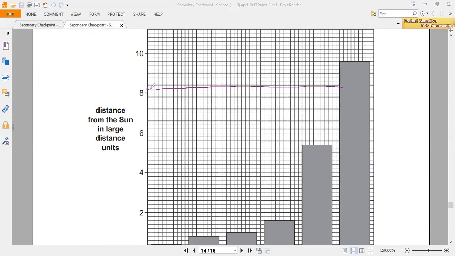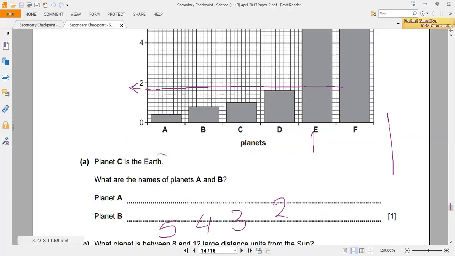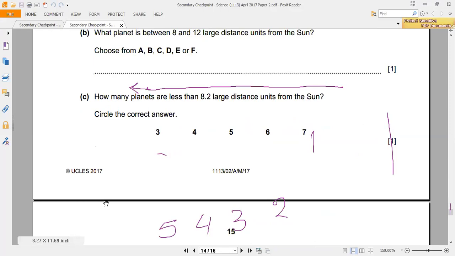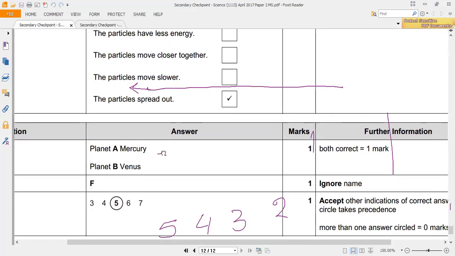So the planets less than 8.2, let's count together: 1, 2, 3, 4, and 5. I'll close the annotation. So the answer is 5.